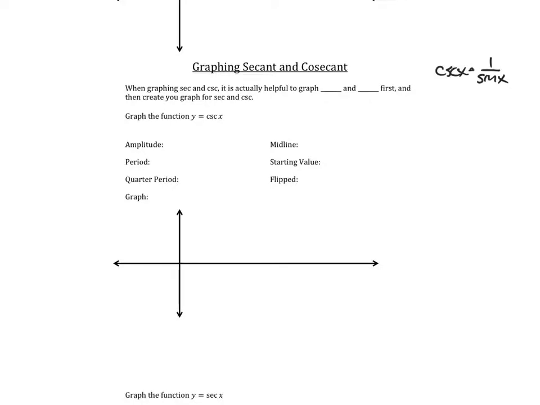Cosecant of x is just 1 over sine of x. And secant of x is equal to 1 over cosine of x. So it's helpful to remember that relationship.